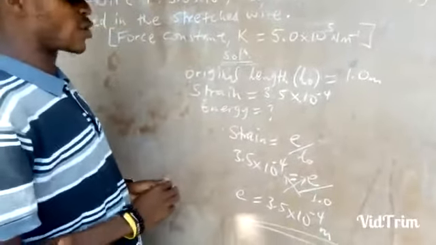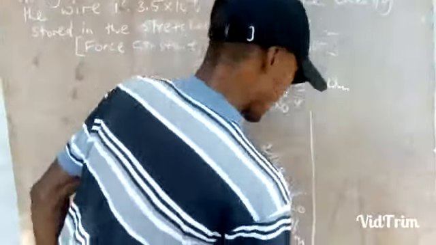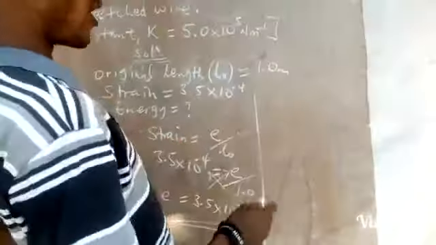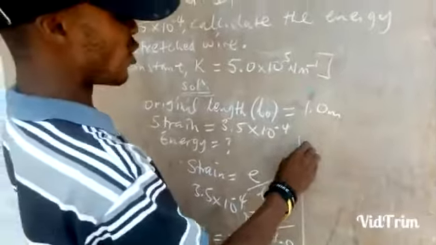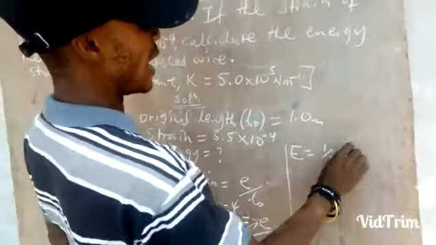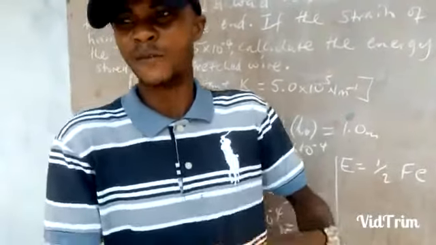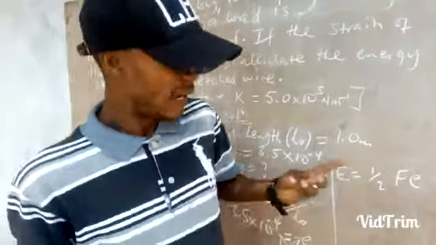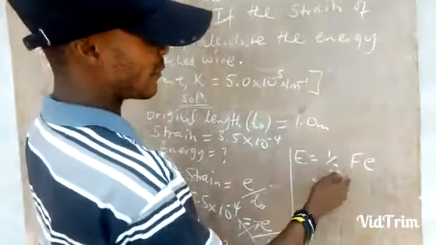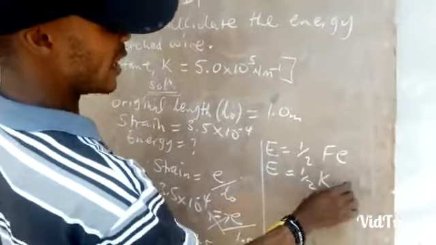If it is the extension, we can now go ahead to get the energy stored. If you recall again, we said the energy stored in an elastic material is given by the expression half Fe or half Ke square. We can get E equals half Fe or E equals half Ke square.